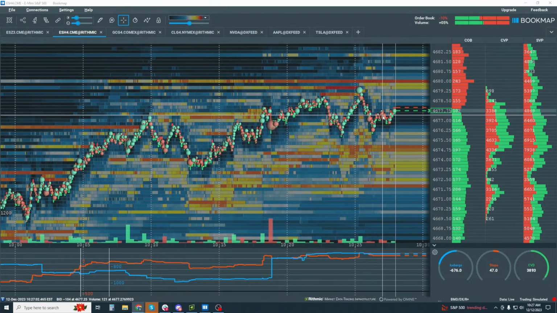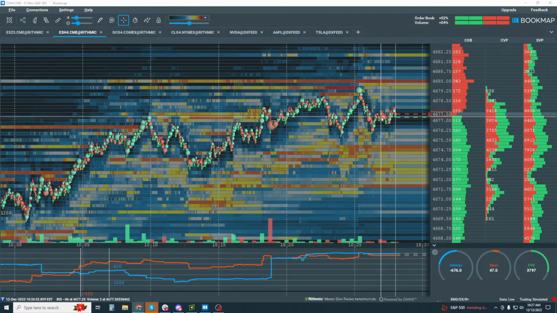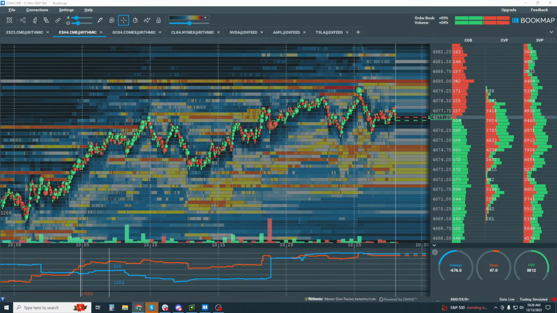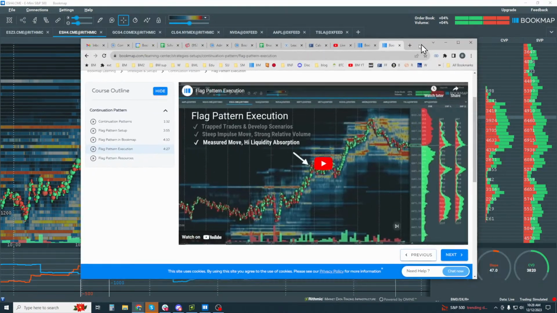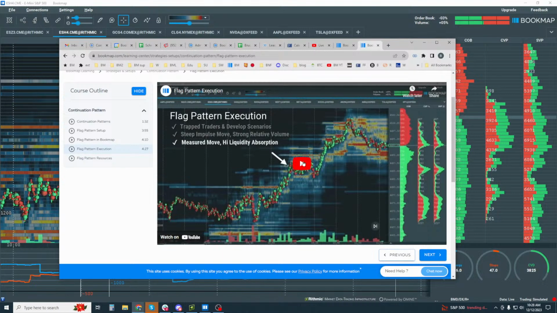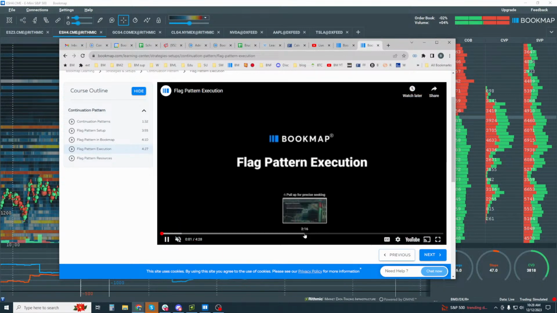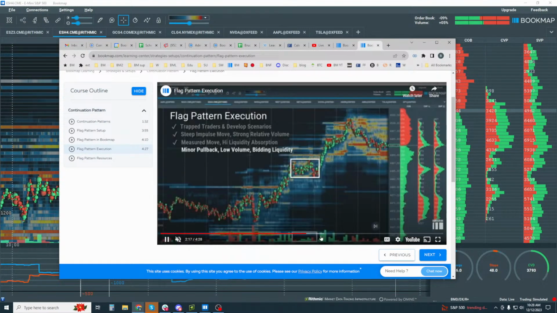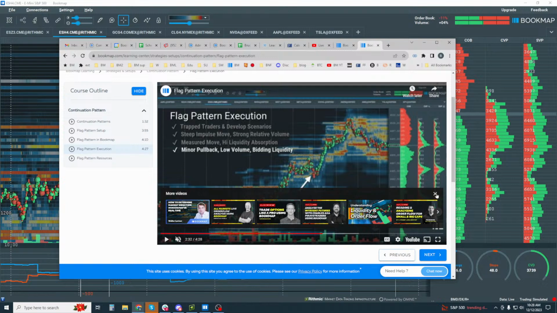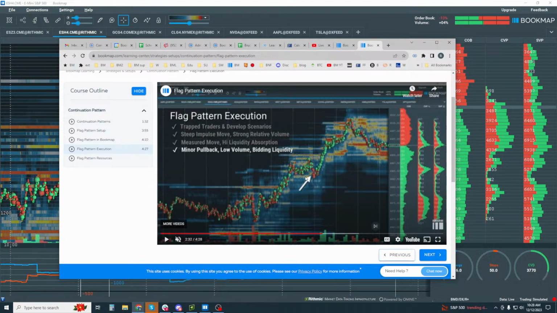You'll note as well, one of the things that we mentioned in this execution of this flag pattern is this little area right here. There's high liquidity in here, very aggressive up underneath on the bid, and then it even bumped up, right below this little swing, and it gets filled.